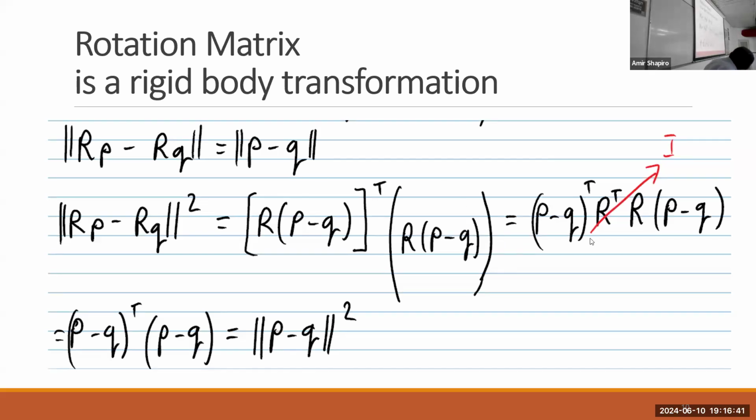Therefore we get R transpose R here, which is I. And therefore the distance of this is the same as the distance of this, as you can see here. A rotation matrix preserves the distance between 2 points on a rigid body.